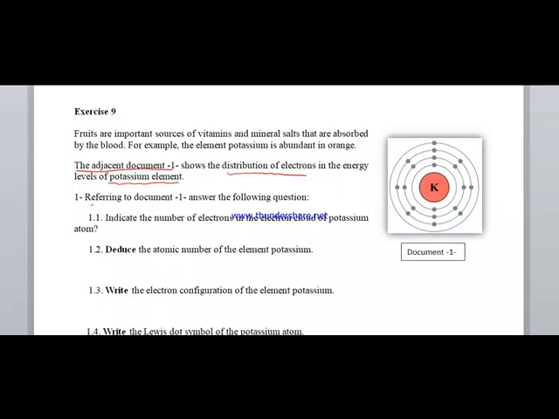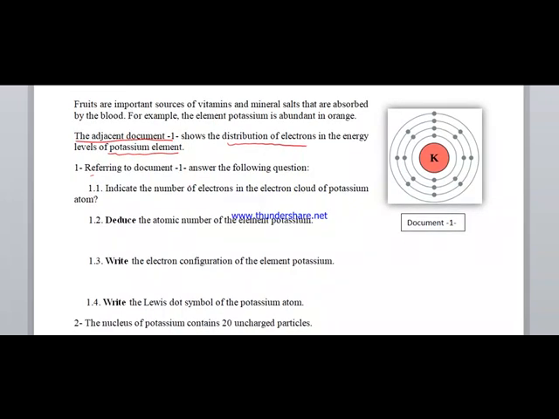Part 1, according to document 1, indicate the number of electrons. If we count the number of electrons, 2, 4, 6, 8, 10, 12, 16, and 19. We have the number of electrons equal to 19 according to document 1.